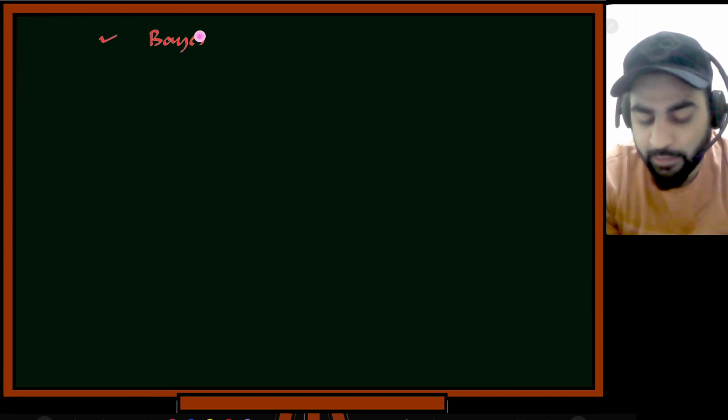Hello everyone. In the previous sessions we have been discussing probability and we'll be continuing our discussion on probability. Just a little bit of revision. In the previous session the whole topic was basically Bayes theorem.